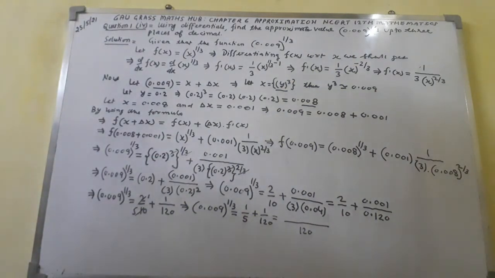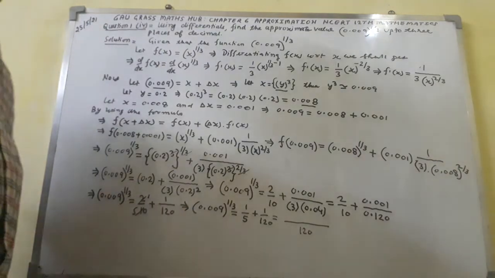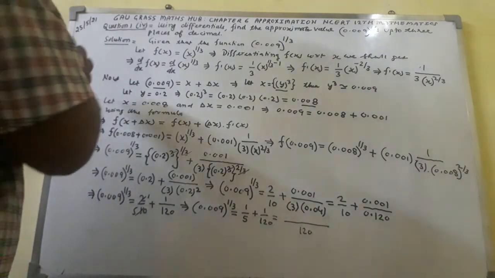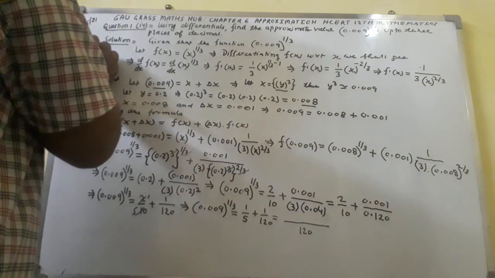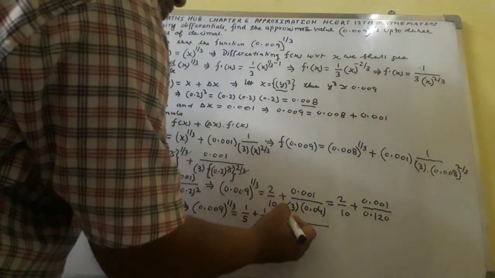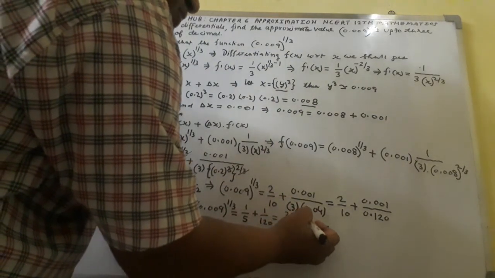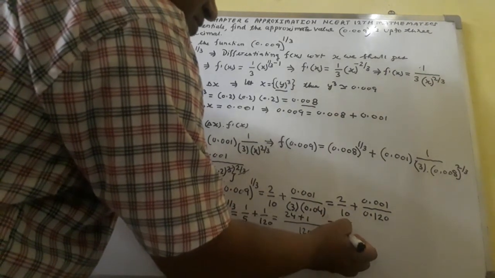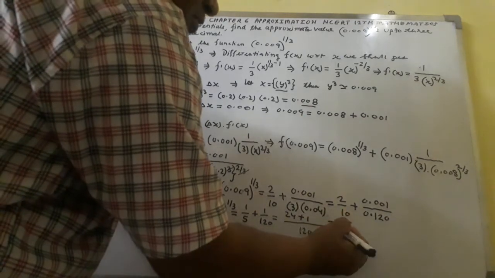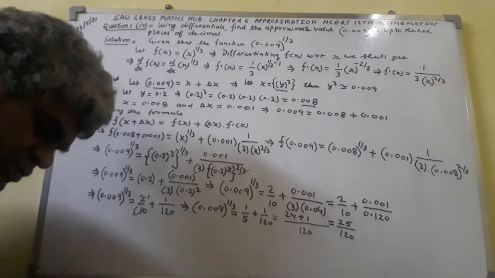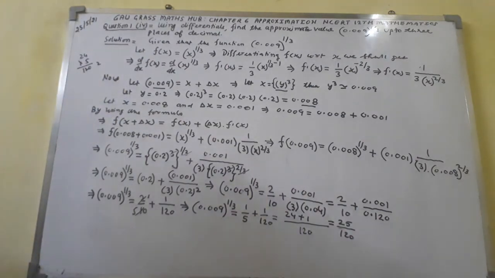So what will we do next? Next I shall write here 24. If you multiply 24 by 5 you will get 120, so here write 24 plus 1 comes out to be 25 over 120. 25 over 120 we will get.